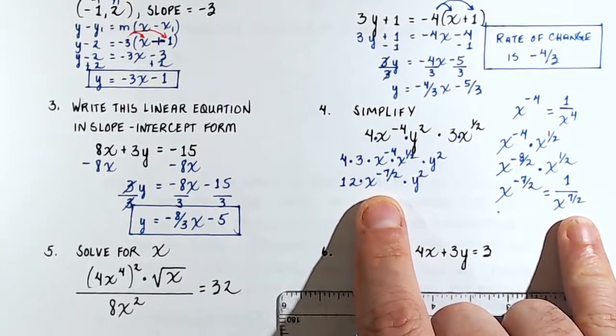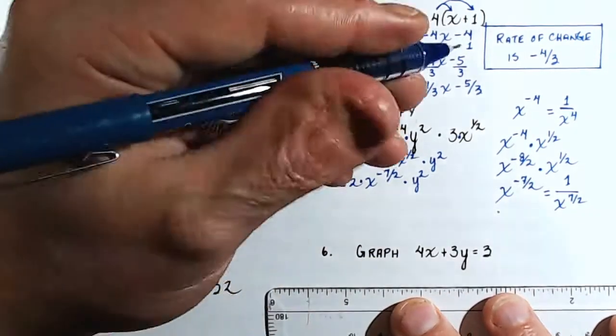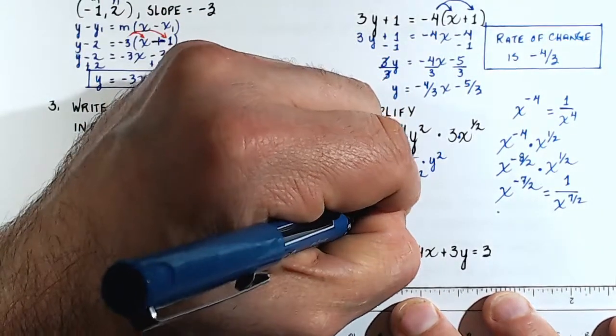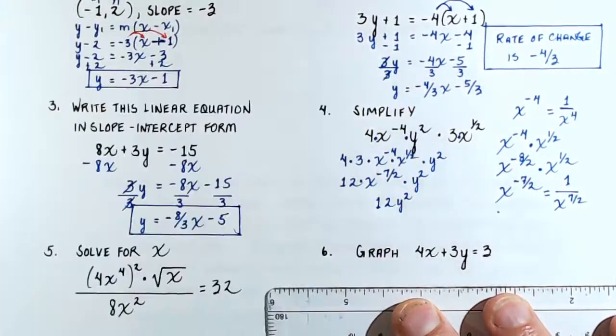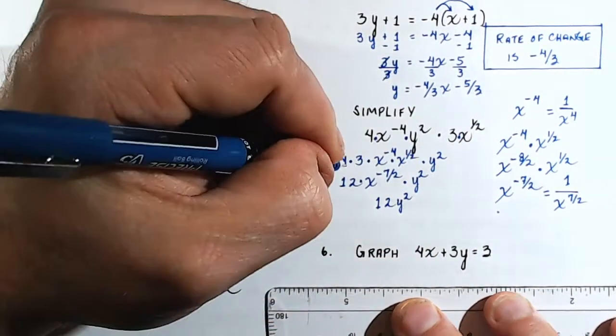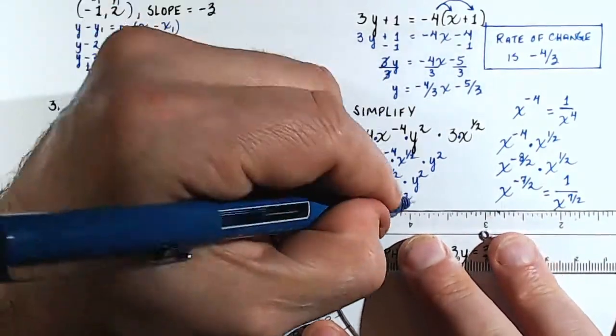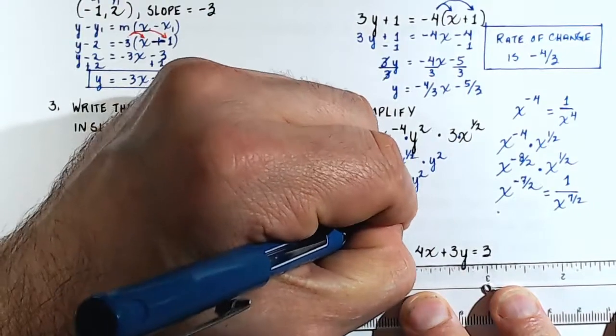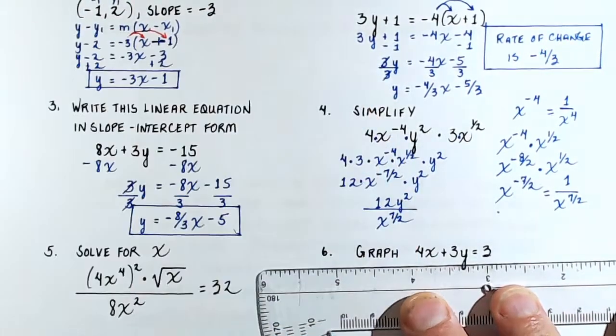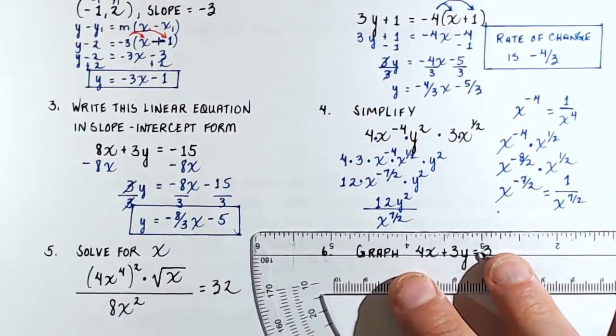So now I'll have 12y squared over x to the 7 over 2. Okay, so I've simplified that.